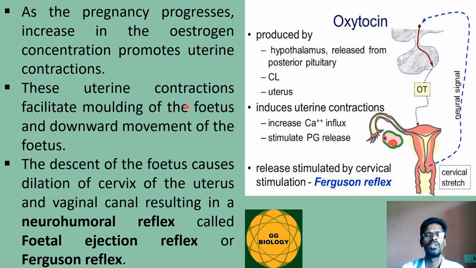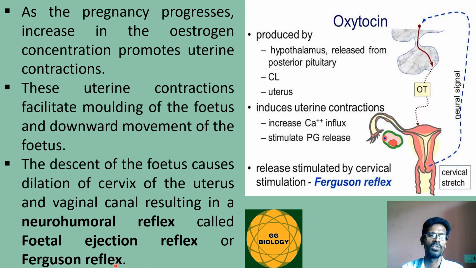So this estrogen is responsible for molding the shape of the fetus and also moving the baby downward. The descent of the fetus causes the dilation of the cervix. So once the fetus is carried downwards, the cervix of the uterus starts to get dilated, and the vaginal canal also results in a neurohumoral reflex called the fetal ejection reflex or Ferguson reflex.